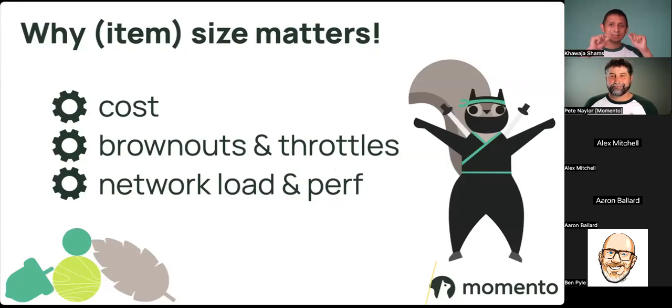So these little changes are not just about saving 15 bytes just to get over the boundary, but about being meticulous about your item size. Dropping it from a kilobyte to 500 bytes can make a big difference in your end-to-end performance, especially if you're paginating or doing scans and things like that.